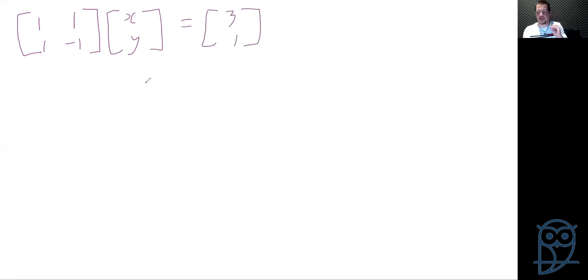Now we need to try and find a way that we're able to get rid of this bracket over here and end up with just this essentially vector, because a vector is just a single column or single row matrix, equaling another vector over here. And then you'll just be able to read x equals blah, y equals blah.